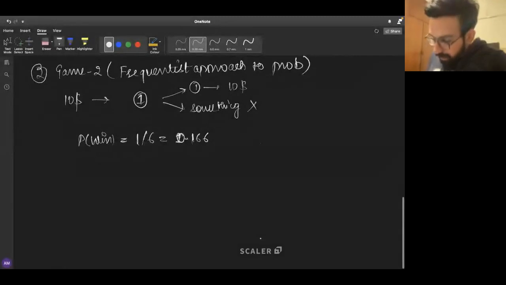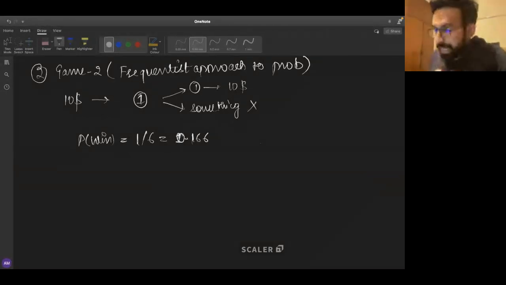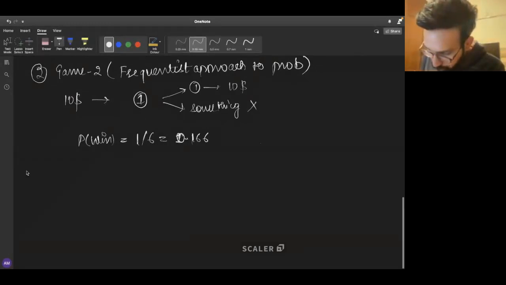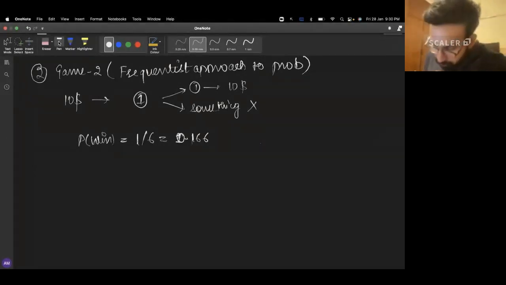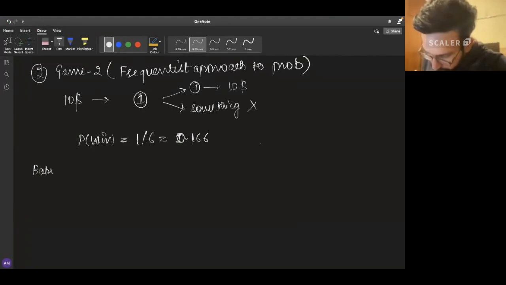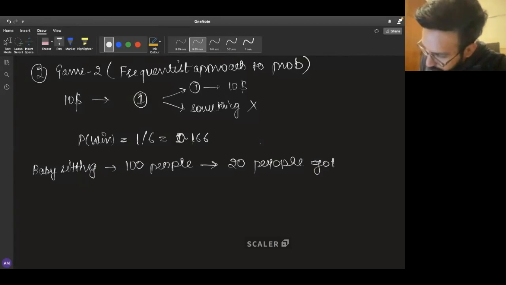Now let's think that if you want to understand this machinery a bit more and see how this game works, what happens is you basically start sitting there. You are basically babysitting this whole process, and you see some 100 people playing this game. And what you notice is out of 100 people, 20 people got 1.